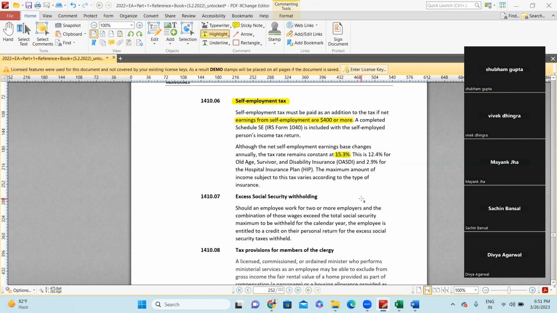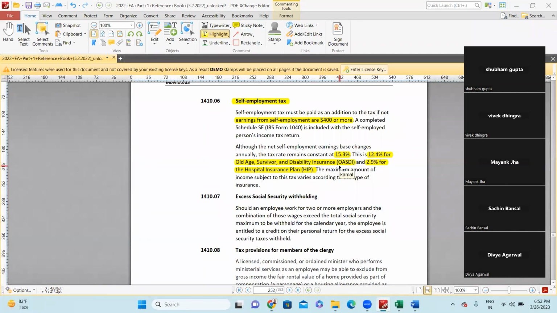15.3%. How is this 15.3% calculated? It is 12.4% for old-age, survivor and disability insurance, and 2.9% for the hospital insurance plan. Employees pay Social Security and Medicare, but for themselves, they need to pay 12.4% to the old-age survivor and disability insurance, which is called the OASDI scheme, and 2.9% for hospital insurance.